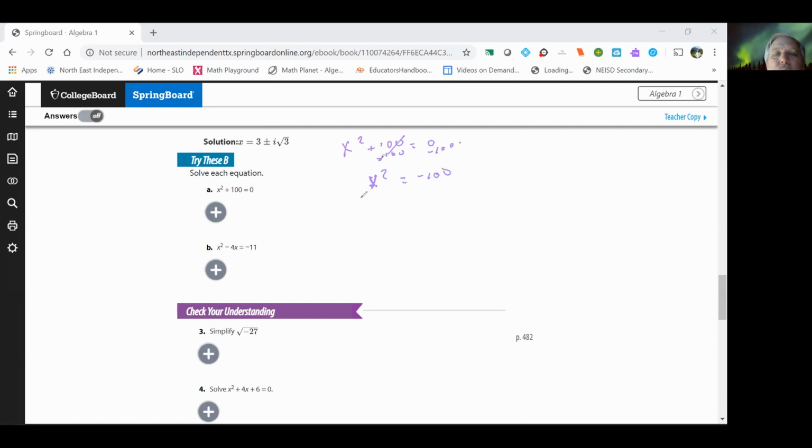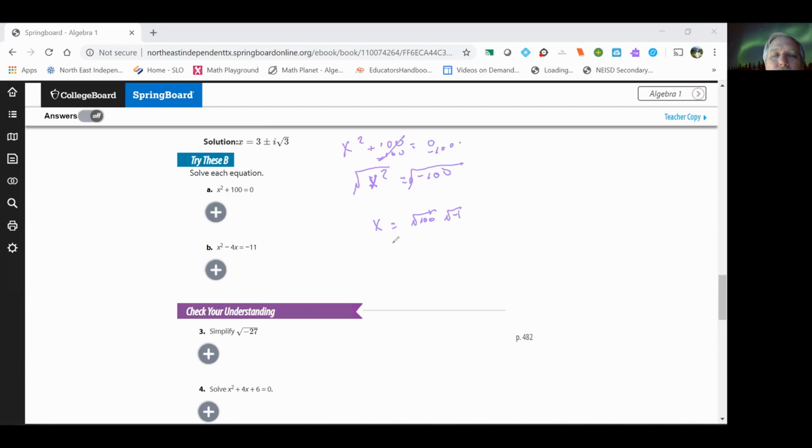So if we do the square root method, we're going to get the square root of x squared equals the square root of negative 100. So the square root of x squared is x. The square root of negative 100 is going to be the square root of 100 times the square root of negative 1.